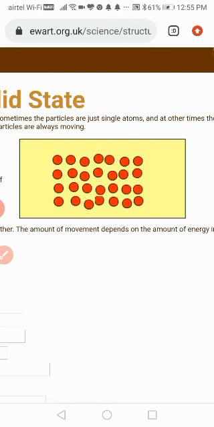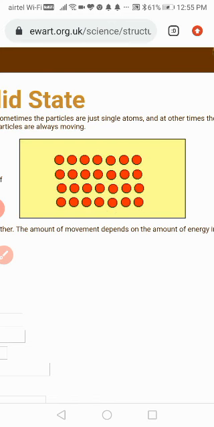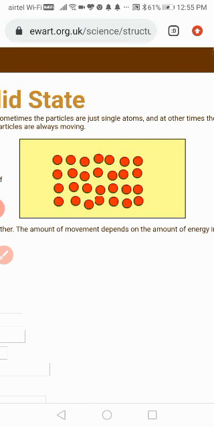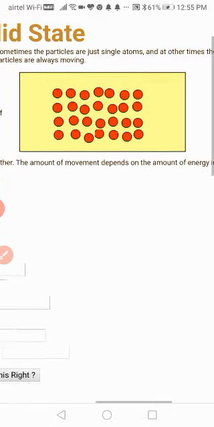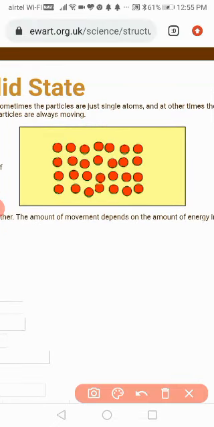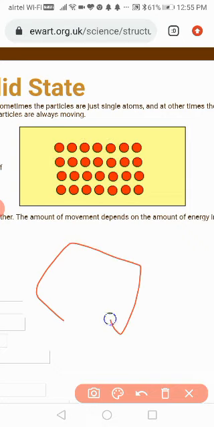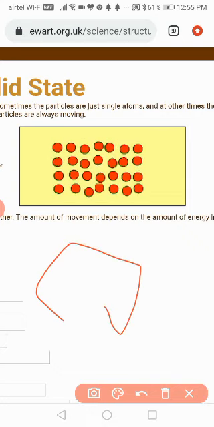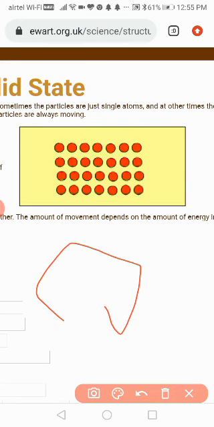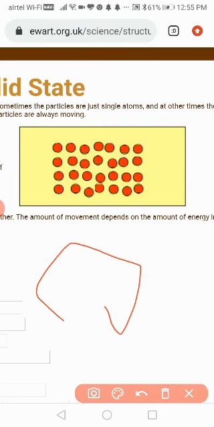There will be hindrance in the movement of electrons, because initially the electron was moving like this and having some collisions, and now there will be more collisions like this.